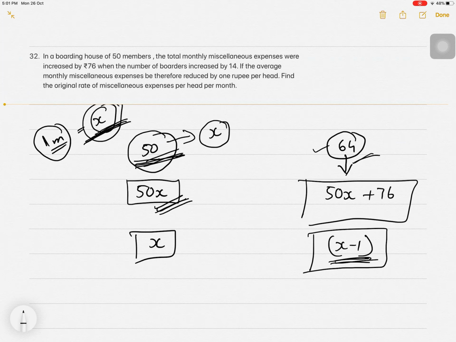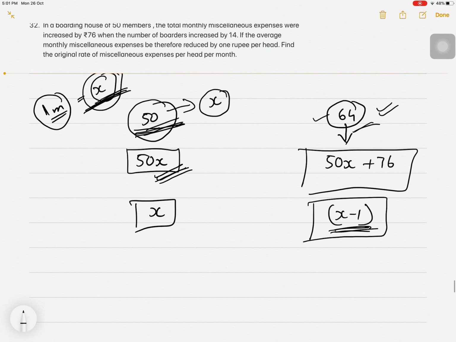The expense for one member is X minus 1 and now there are 64 members. So expense for 64 members would be 64 into X minus 1. For one member, when there were 64 members, expense is X minus 1.